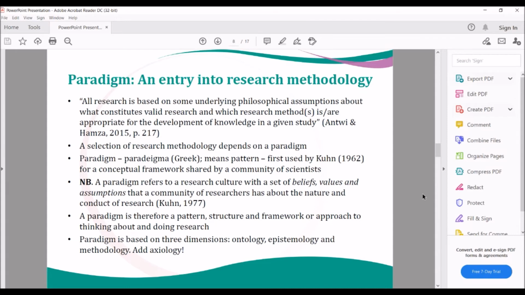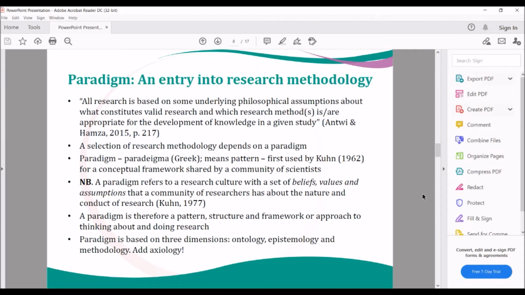So a paradigm, from a Greek understanding, is paradigma, which means pattern, or which was first used by Kuhn in 1962, for a conceptual framework shared by a community of scientists. So you can see that it all starts. That's why, as a researcher, depending on your specialization, you become a member of that community.